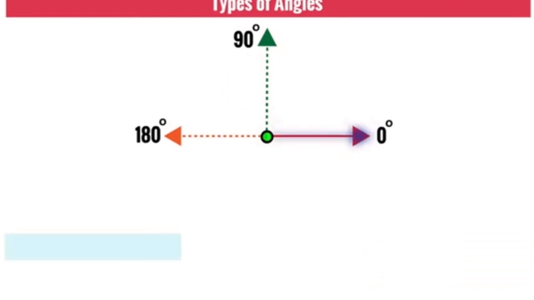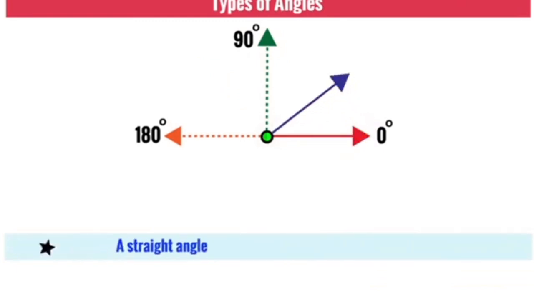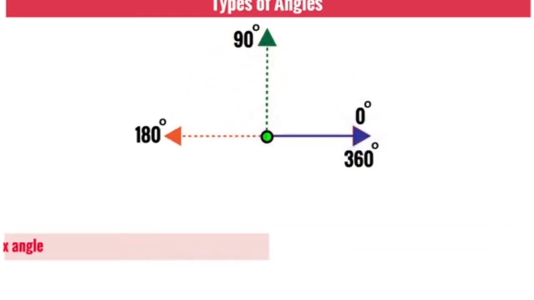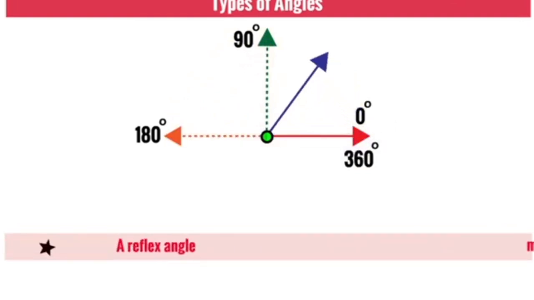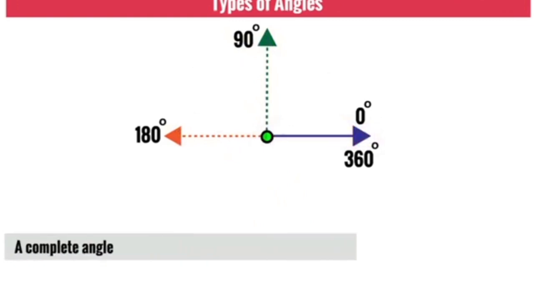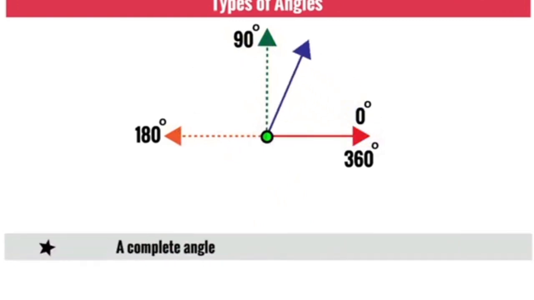A straight angle measures exactly 180 degrees. Next, a reflex angle measures between 180 degrees and 360 degrees. Last, a complete angle. An angle of one full rotation measures exactly 360 degrees.